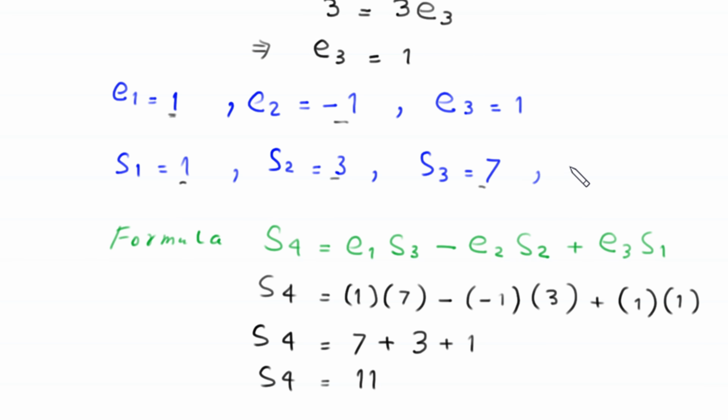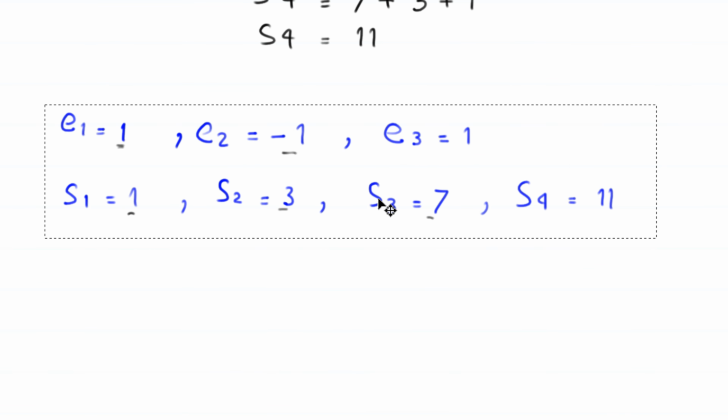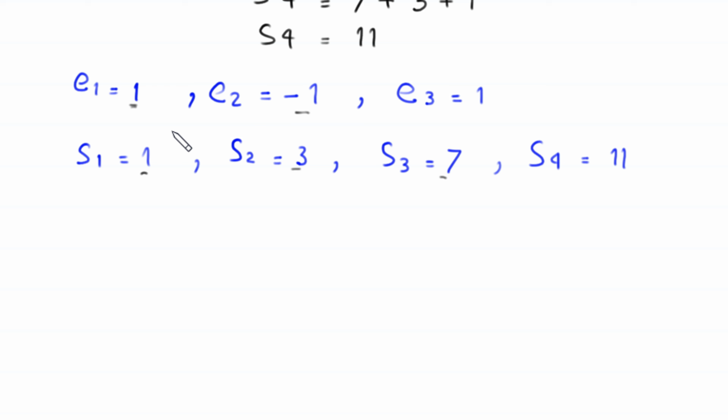Now we have S4 is equal to 11, and we use this information to find the value of S5 using Newton's sums formula for S5. So we copy this information. We have E1 is 1, E2 is negative 1, E3 is 1, S1 is 1, S2 is 3, S3 is 7, and S4 is 11.